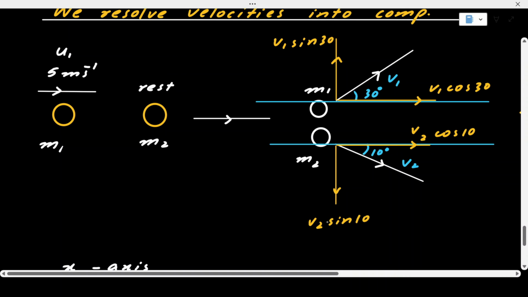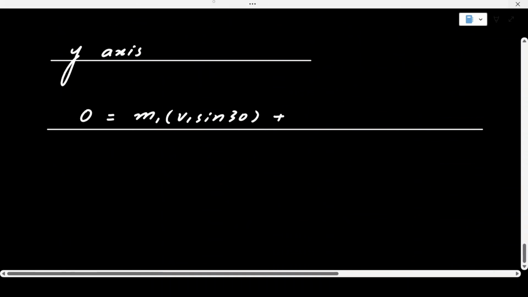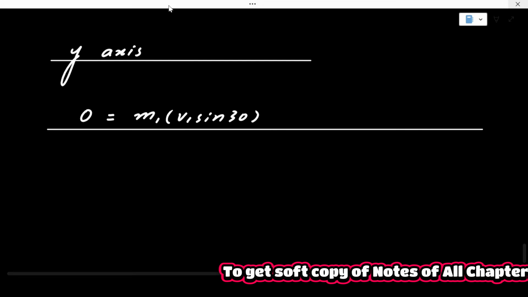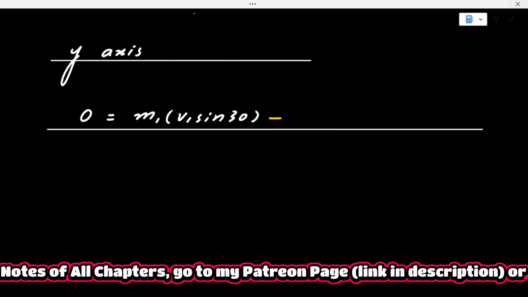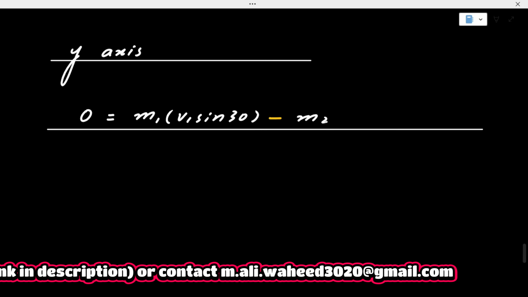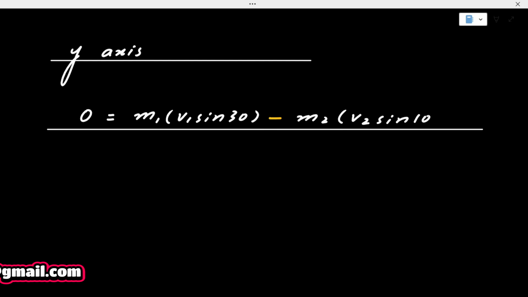It should be m2 times v2 sin 10 with the negative sign. So you can get rid of this positive. You can write a negative sign here. Since the momentum is downward, the expression would be minus m2 v2 sin 10.